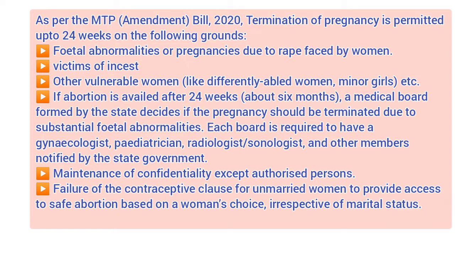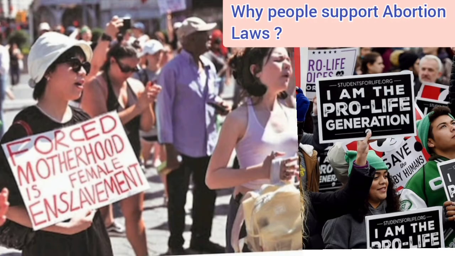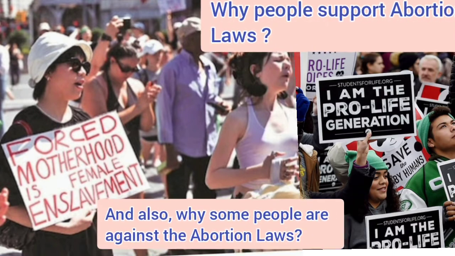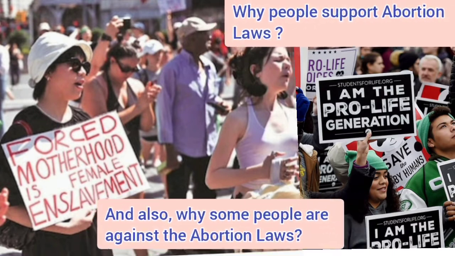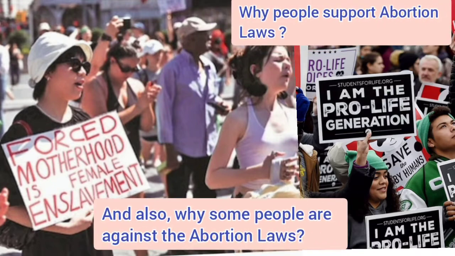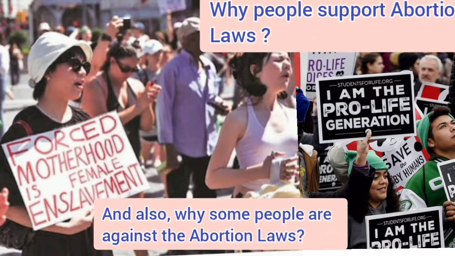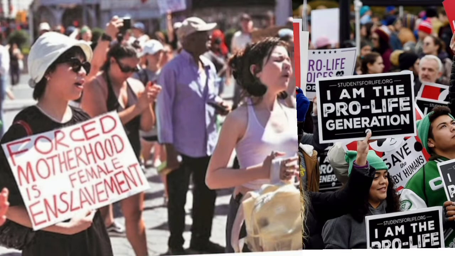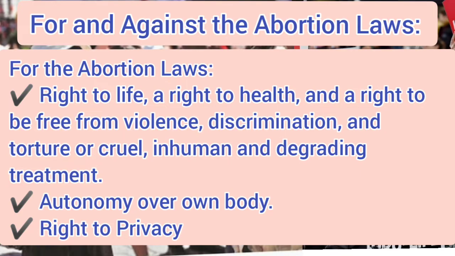Now, why are people supporting or opposing the abortion laws in the USA, basically, as India has the abortion laws till now? Moving on, let us try to know different views on abortion laws.